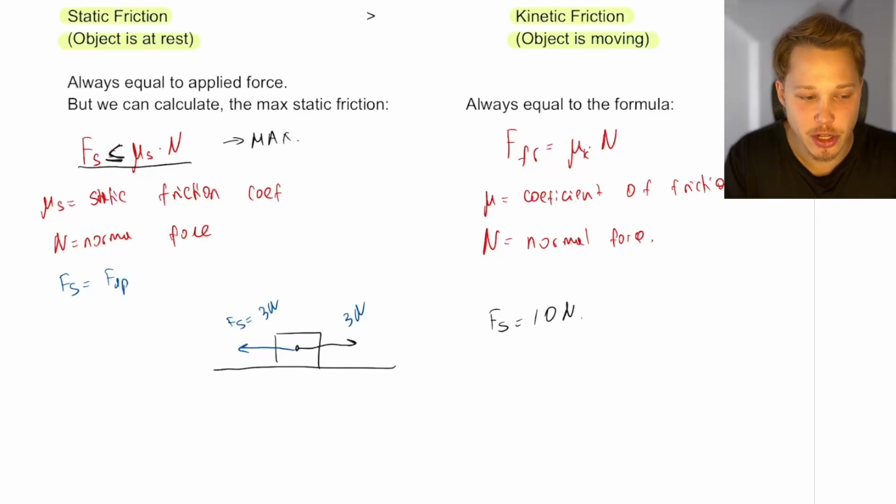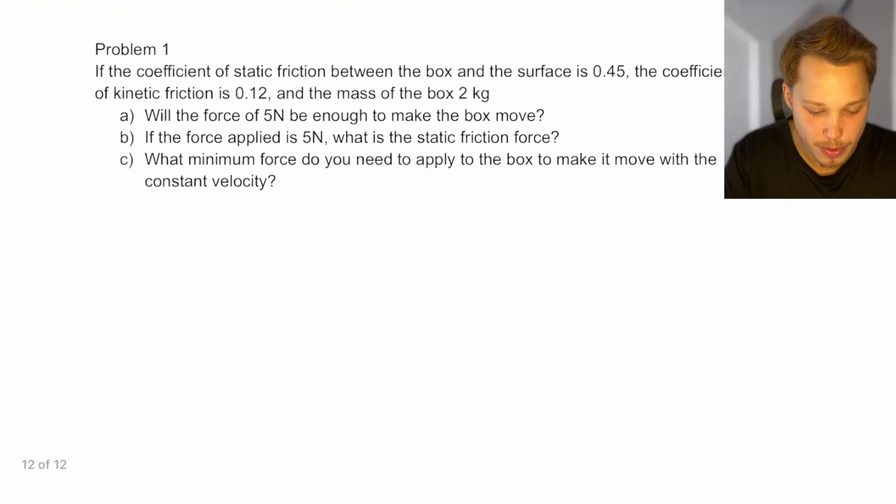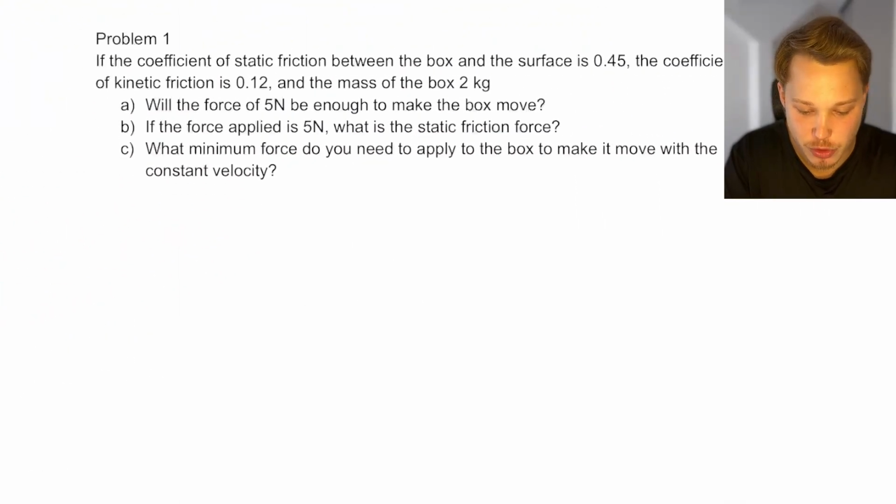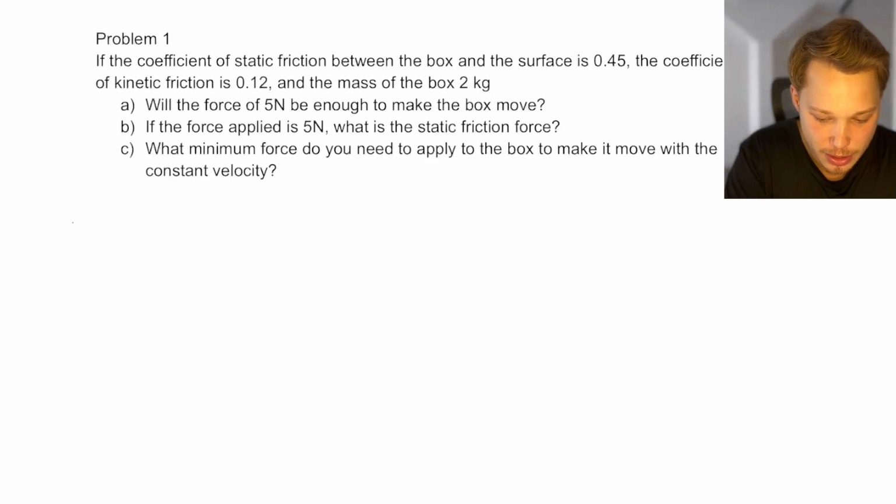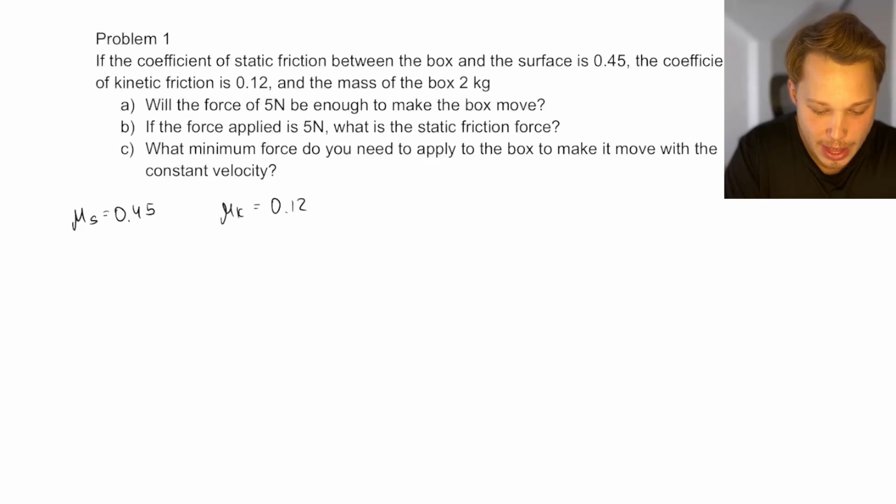Now let's take a look at a really quick practice problem to see how this concept applies. The coefficient of static friction between the box and the surface is 0.45. The coefficient of kinetic friction is 0.12. And the mass of the box is 2 kilograms.